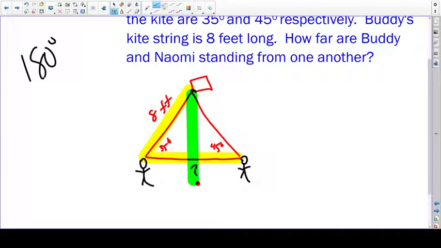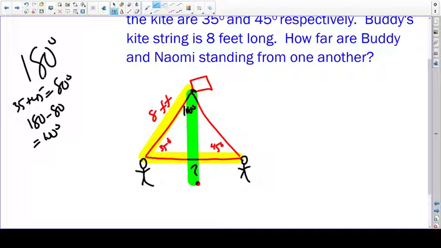So 35 and 45 add up to 80 degrees. So 180 less 80 is 100 degrees. So this angle here is 100 degrees. So we can use that in order to help us find the distance that Buddy and Naomi are standing apart.